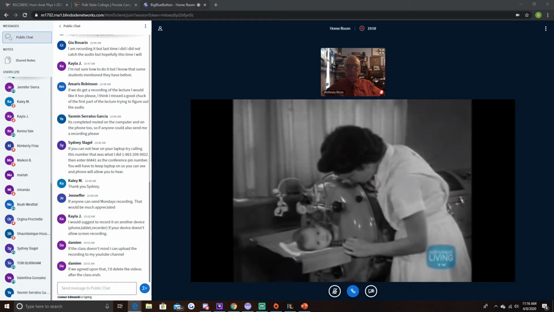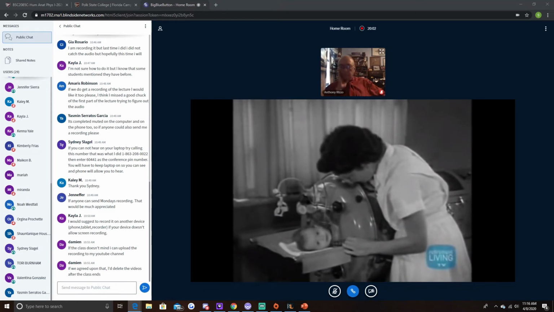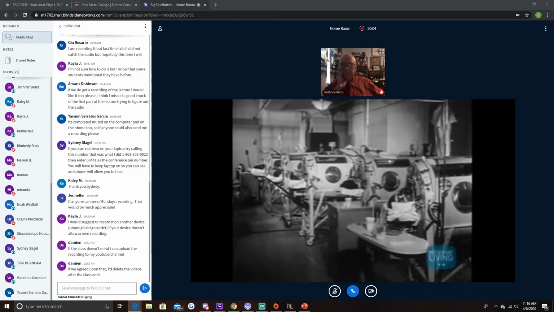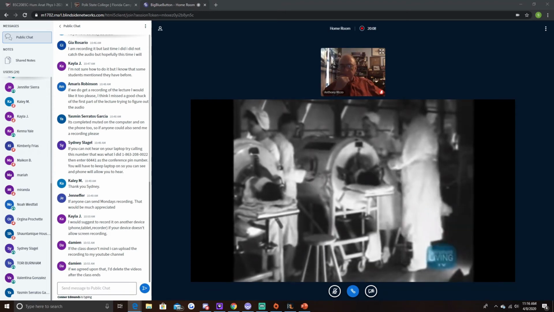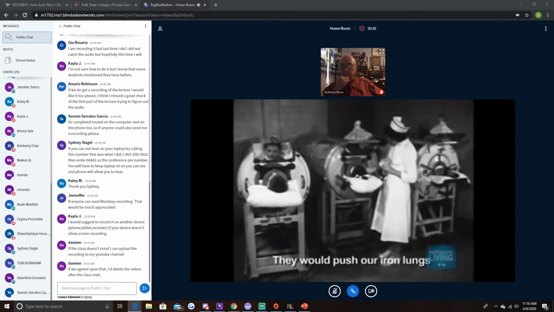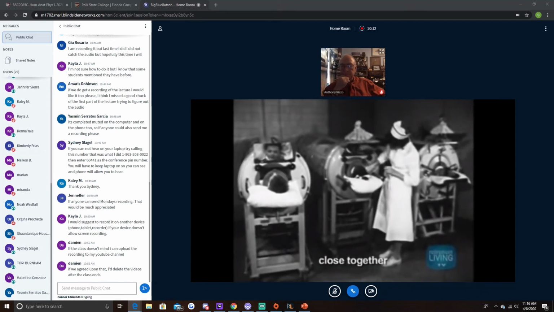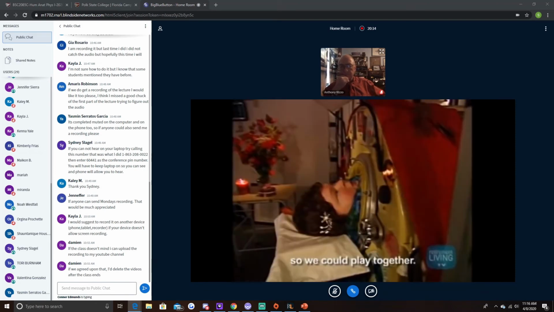As a child in the 50s living in an iron lung, Diane had lots of company, as thousands of other children were in the same situation in hospitals from coast to coast. They would push our iron lungs close together so we could play together. And our playing together consisted of our spitting at each other because we couldn't do anything else.